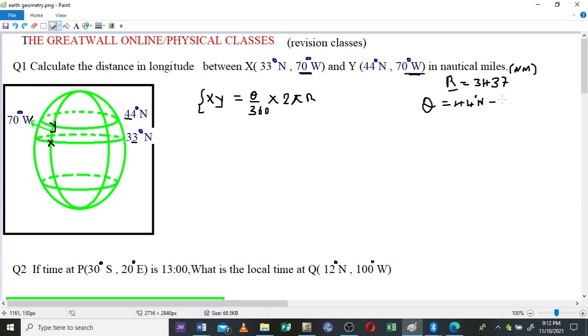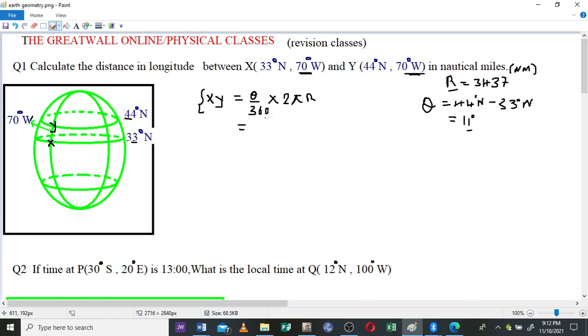So we subtract 33 degrees north. Our difference, which will be the value of our theta, will be 11 degrees, right? Cool. Then we can continue.